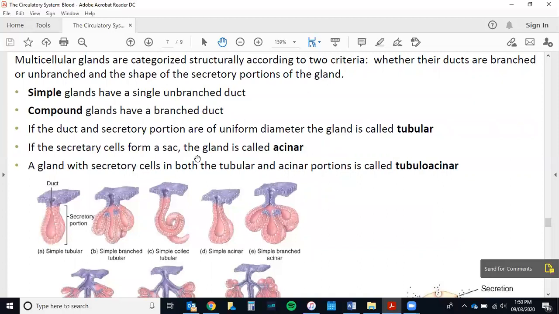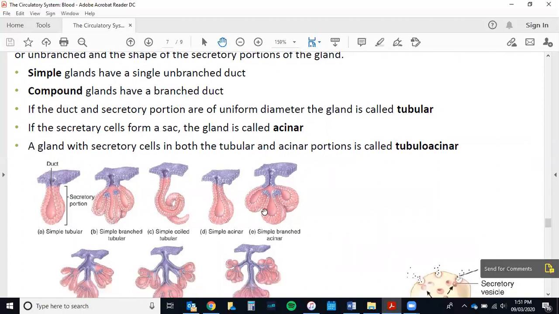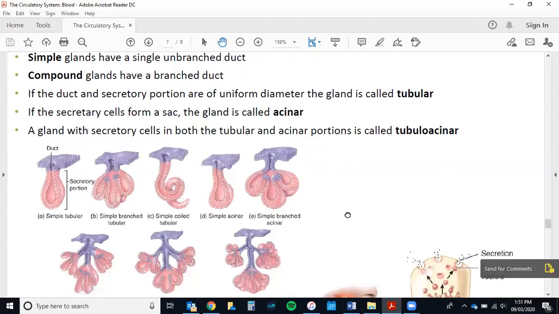Let's talk about the way that we categorize glands. Structurally, we can categorize them based on two criteria: whether their ducts are branched or unbranched, and the shape of the secretory portion of the glands, which is what these eight pictures are showing. There are some terms that go into naming them, like what we talked about with epithelial tissue.